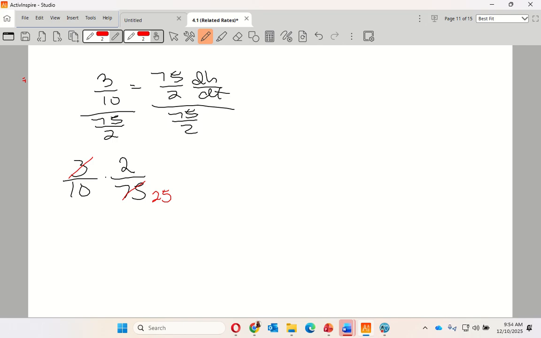Are you okay with that reduction? I'm trying to reduce before I multiply to make my life easier. How many times does 2 go into 10? What's left on top? What's left on bottom? 5 times 25, and 5 times 25 is 125.